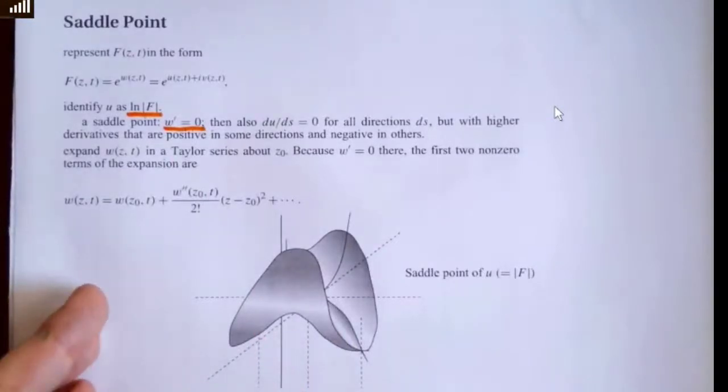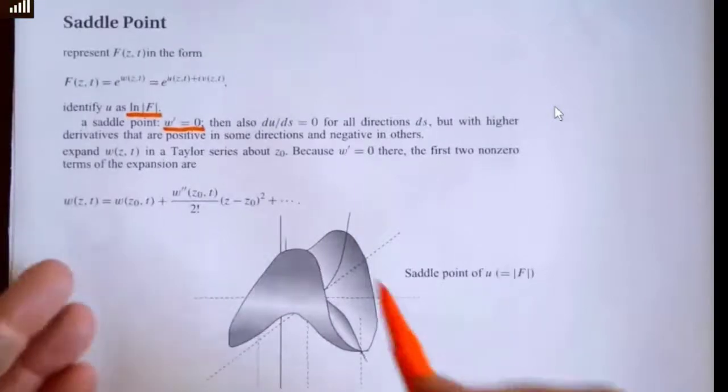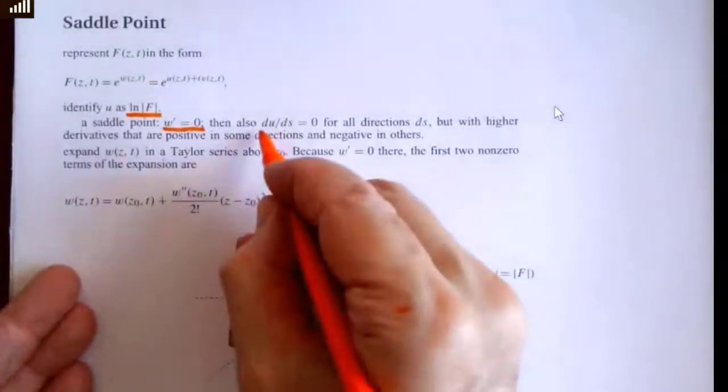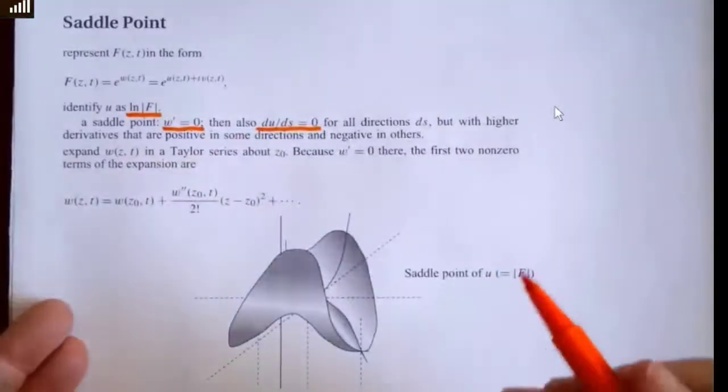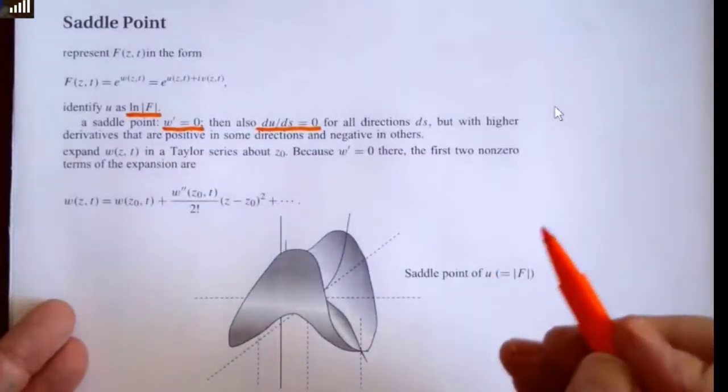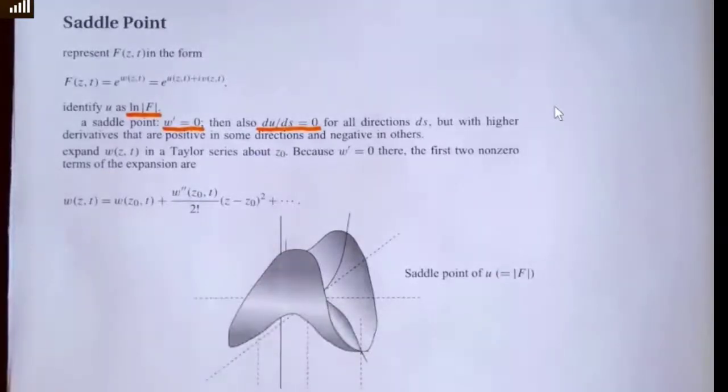And if the derivative vanishes and they're holomorphic functions, we know the derivative vanishes in all directions. But then comes a non-intuitive, surprising thing, an unexpected consequence of the Cauchy-Riemann relations.